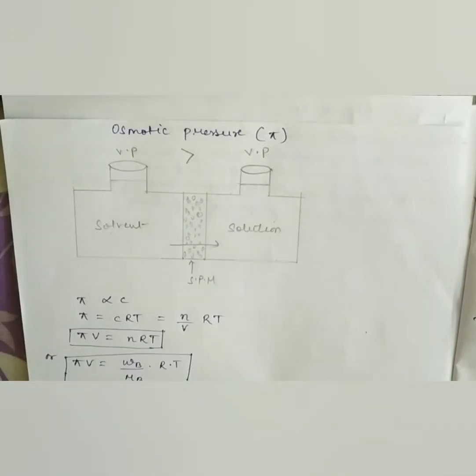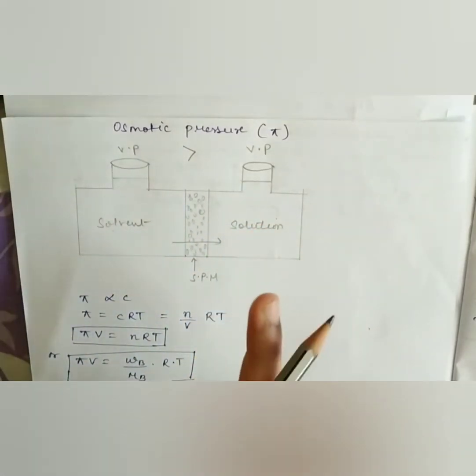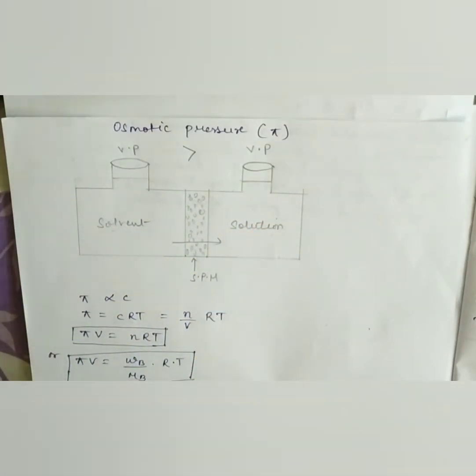Now at this moment, I will define the osmotic pressure. Osmotic pressure can be defined as the hydrostatic pressure developed on the solution side which is just sufficient to stop the osmosis.